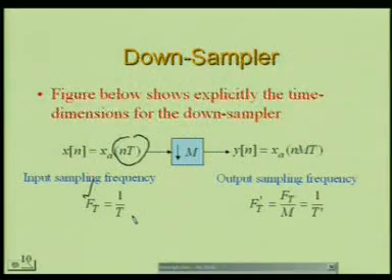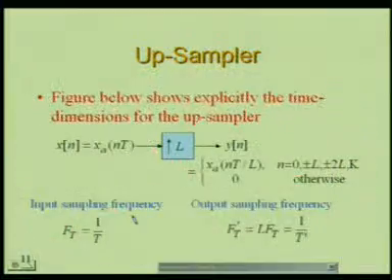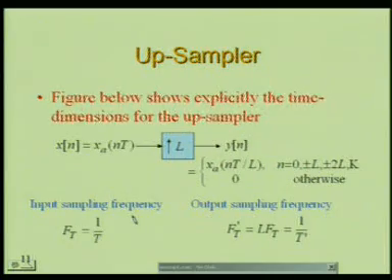So, here we can observe that the input sampling frequency is reduced by a factor capital M, where M is an integer quantity.